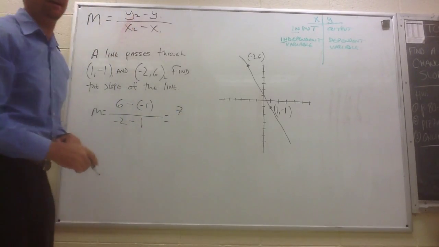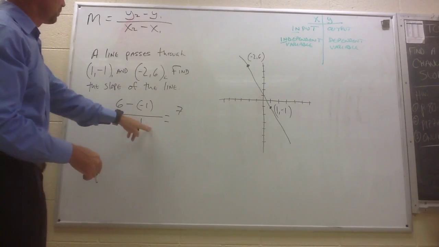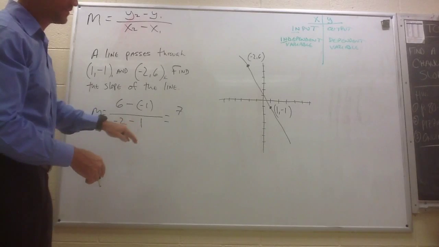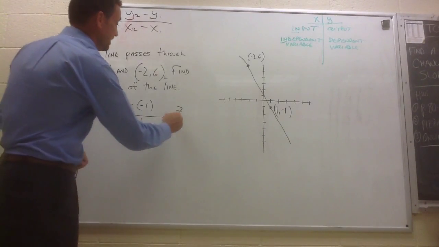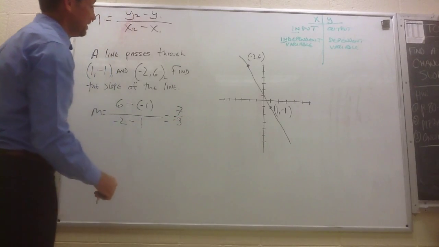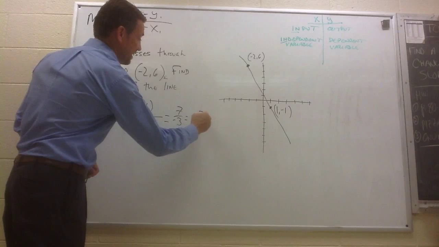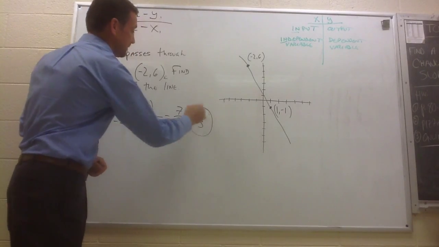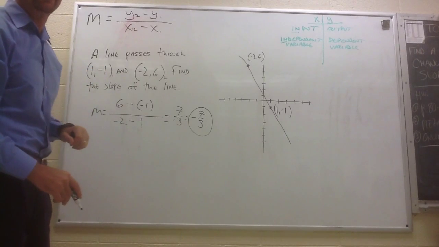So 6 minus -1 is 7. -2 minus 1 becomes -2 plus -1, which gives us -3. So we can say that the slope of this line would be -7/3, the slope of the line that passes through these 2 points.